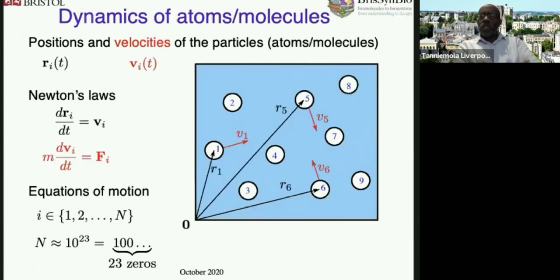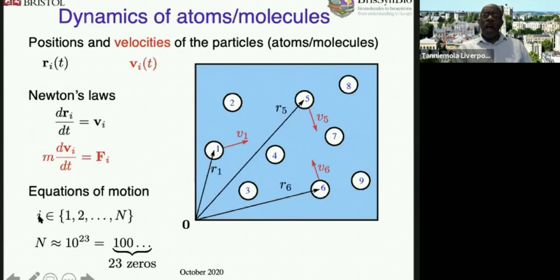So let's denote the position of the particle i by r_i and the velocity of particle i as v_i. And the velocity is just the rate of change of position with time, so it's the derivative of the position.